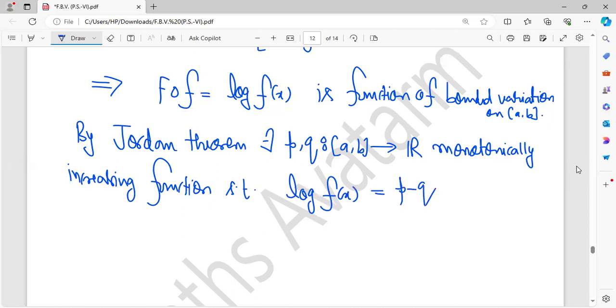So this implies f(x) equals e to the power p minus q, which I can write as e to the power p into e to the power minus q.